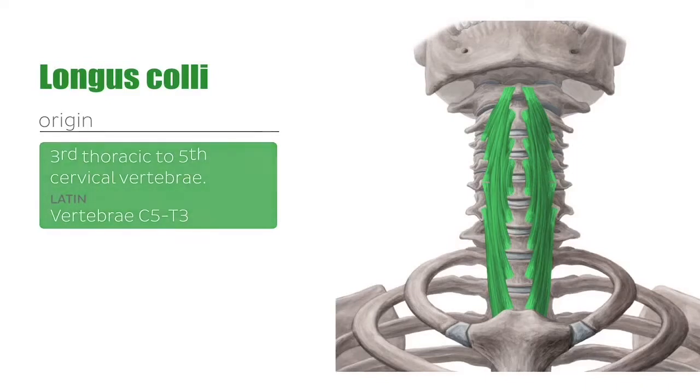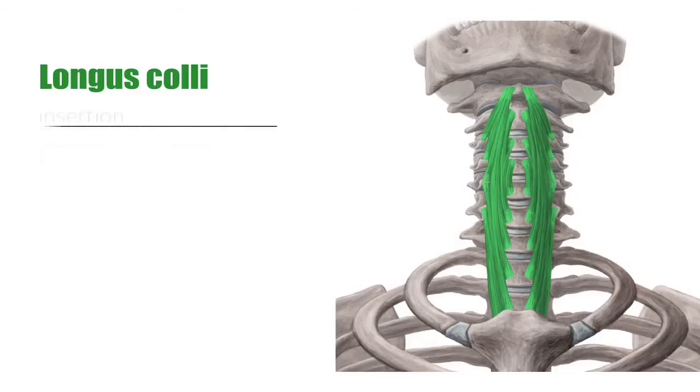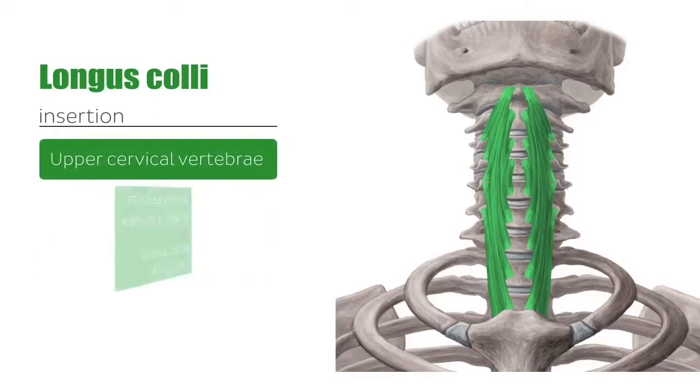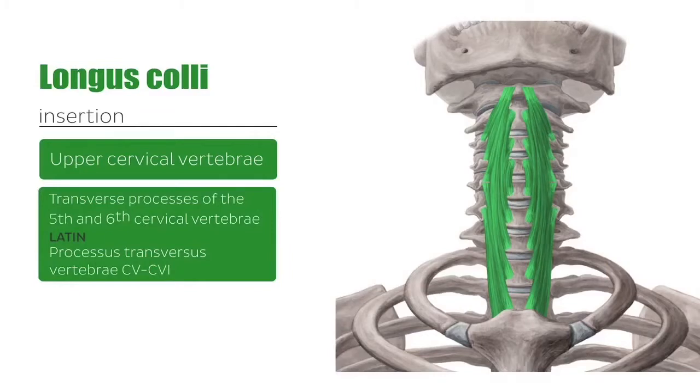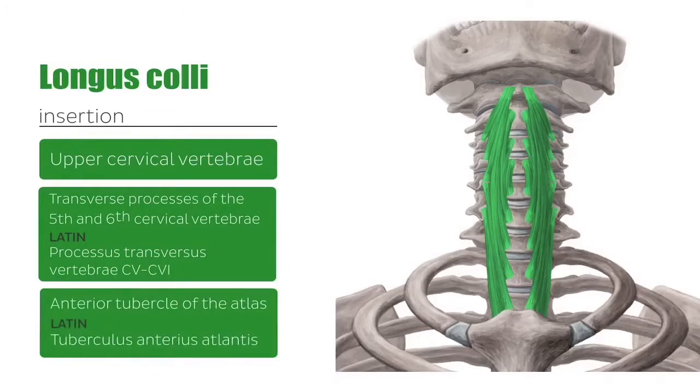We're moving on now to the insertion points for the longus colli, and the insertions for this muscle are the upper cervical vertebrae, the transverse processes of the 5th and 6th cervical vertebrae, and the anterior tubercle of the atlas.